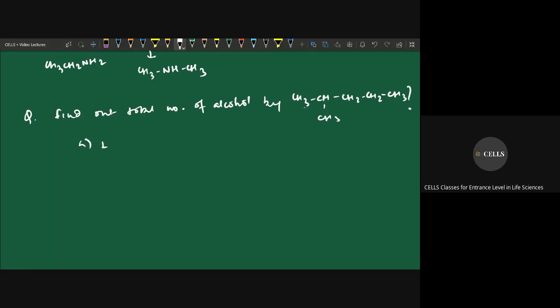Option A 1, option B 2, option C 3, option D 4. How many types of alcohol can be formed from this? And if you want to know the IUPAC name, it will be 2-methyl pentane.